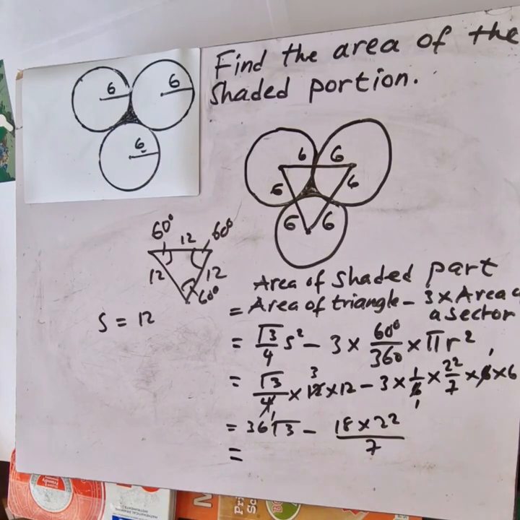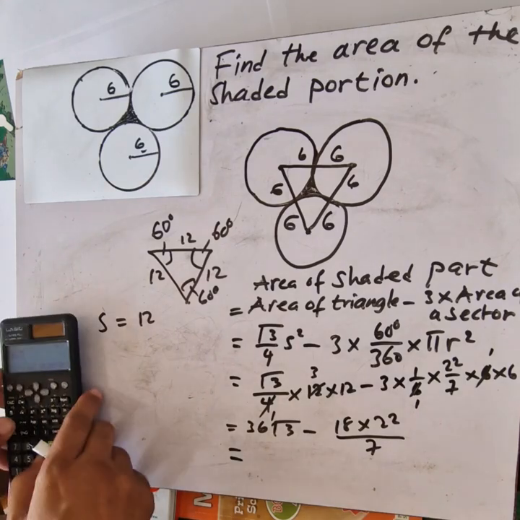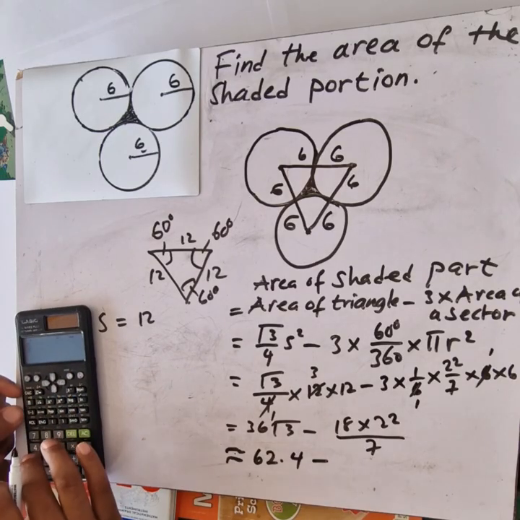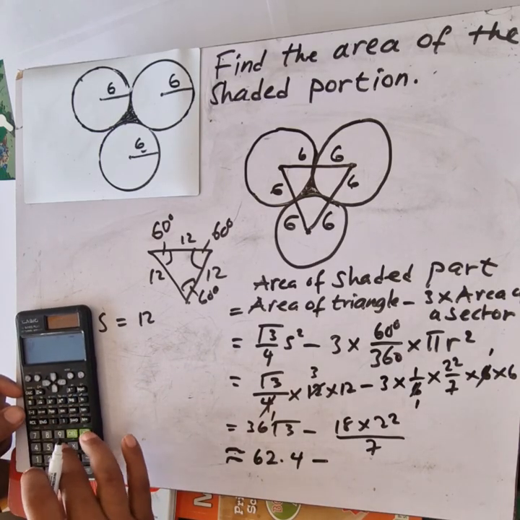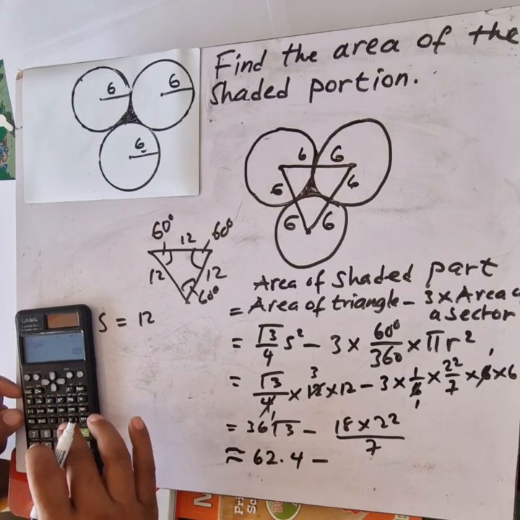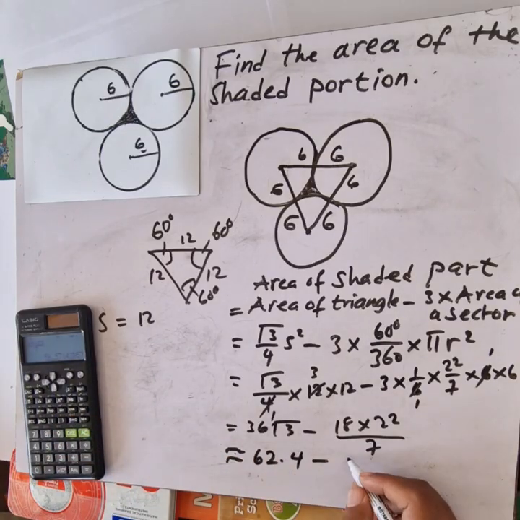So now let's look at this value quickly on the calculator. 36 root 3 is approximately 62.4, minus 18 times 22 divided by 7, which is approximately 56.6.